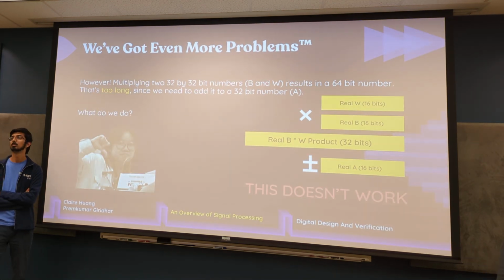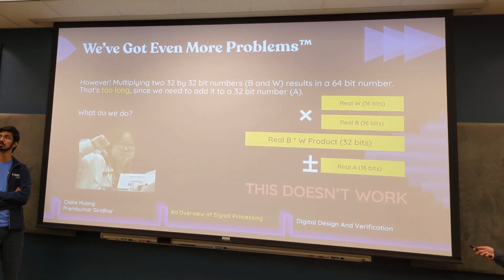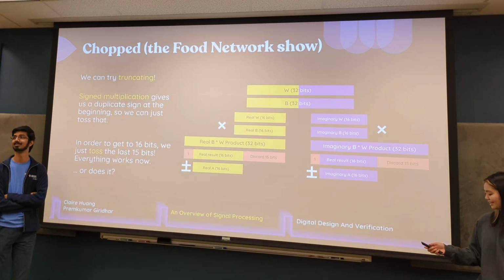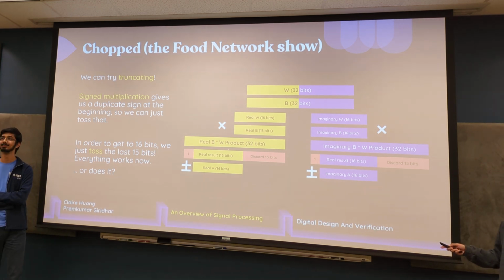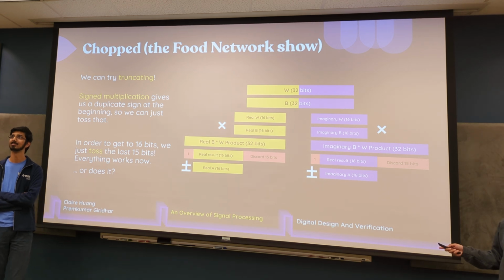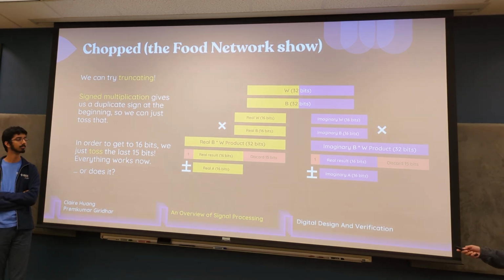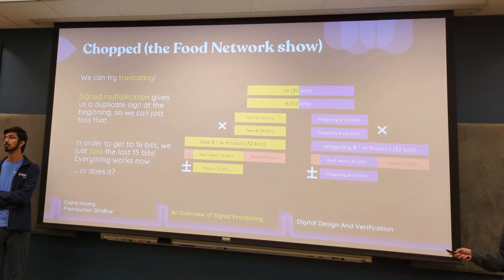Alright, so this doesn't work. What now? Well, the solution is, I don't want to call it stupid, but essentially all we're doing is we are going to concatenate, in a way, the result of our multiplication. First of all, we don't need the sign, so you can toss that.